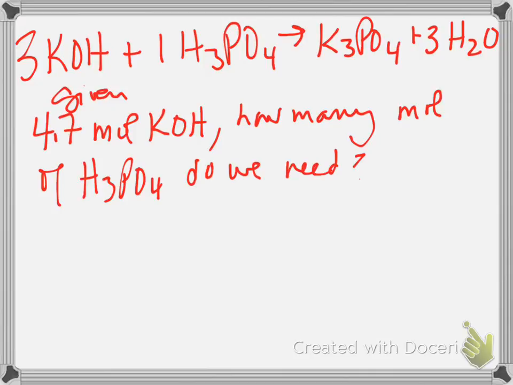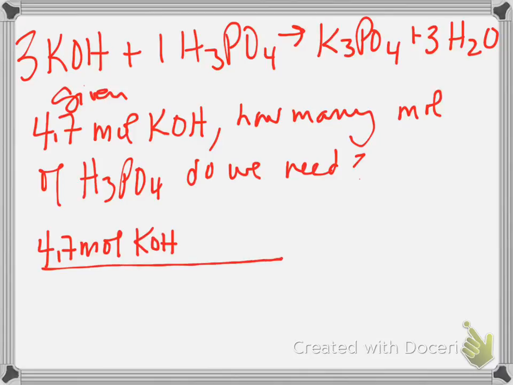So, when we start any factor label, what do we start with? Always, always, always. First box, given. And we're going to put in our given with units and chemicals. So 4.7 moles potassium hydroxide. What units and chemical need to go in the next box down on the bottom?